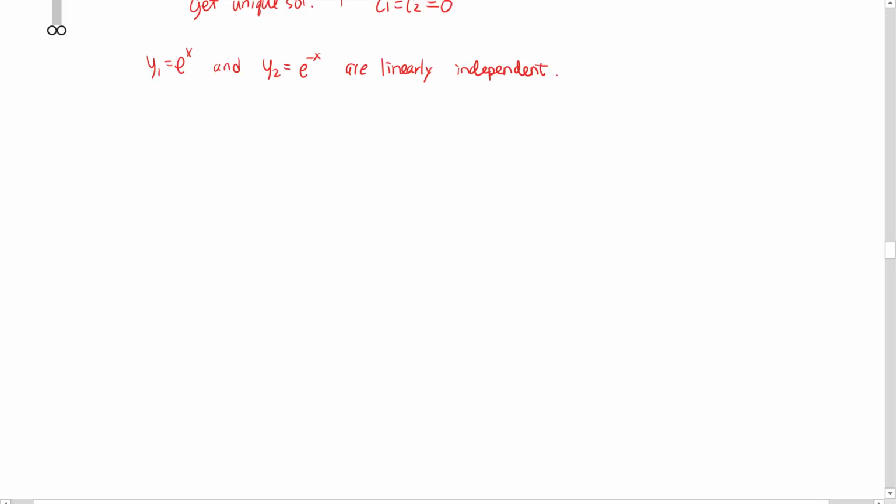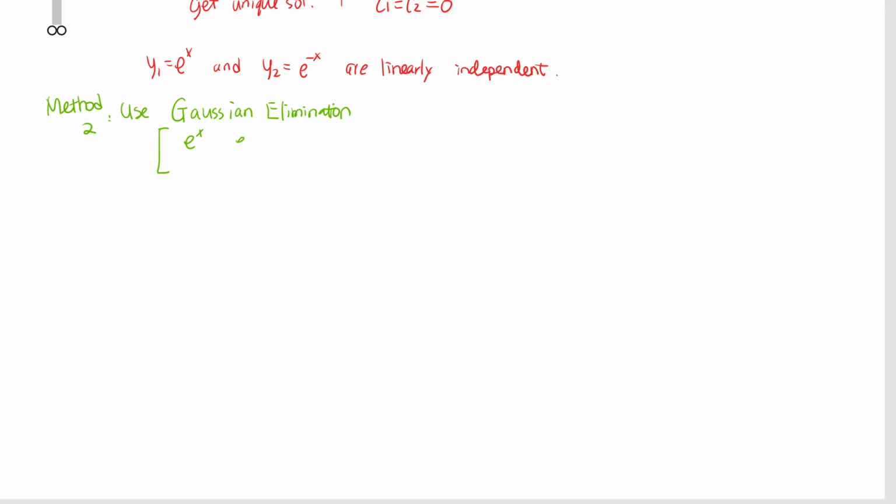Method 2, you use Gaussian elimination. So we have e to the x and e to the minus x, 0, and we have e to the x and minus e to the minus x, 0.